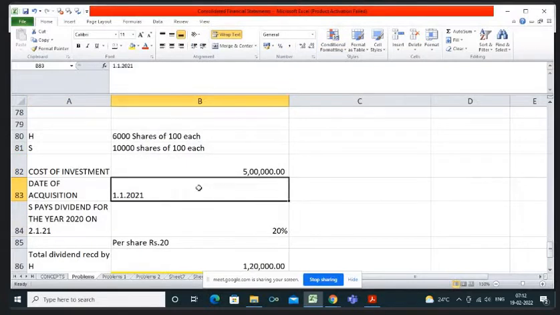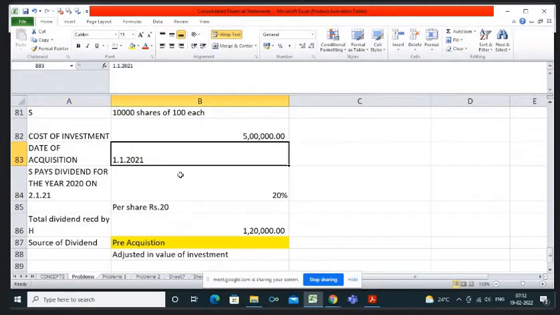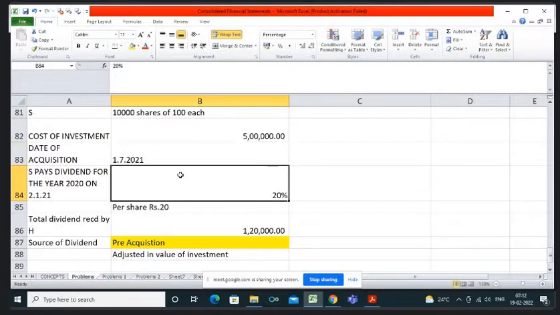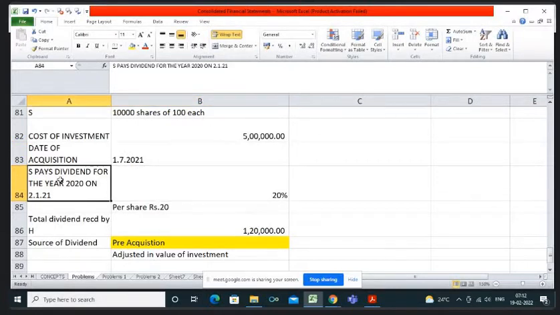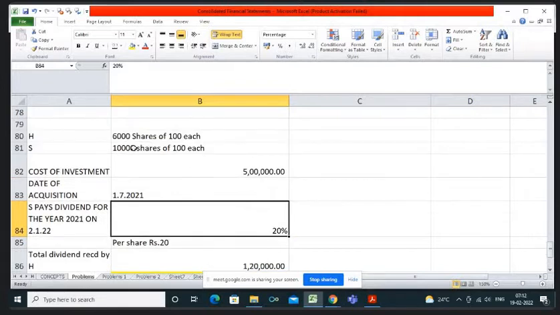Date of acquisition, I am keeping it same as 1/1. Let me change it slightly. 1/7/2021. And S pays dividend for the year 2021 on 2/1/22. Not in 21, it is in 22. And let's say per share, the same 20% dividend is paid.